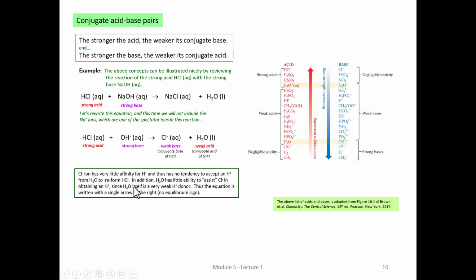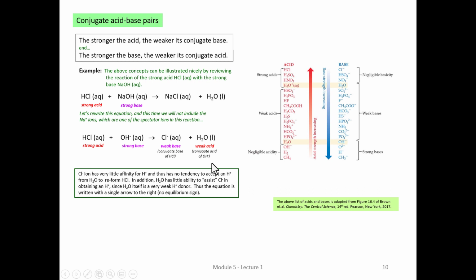And on top of that, water, because it's such a weak acid, when asked to act as an acid, has very little ability to even assist chloride in obtaining the H plus. Water itself is a very weak H plus donor. So that's why we can write this equation with a single arrow, because there's really no tendency, or such a small tendency that it's not significant, for this reaction to go in reverse.